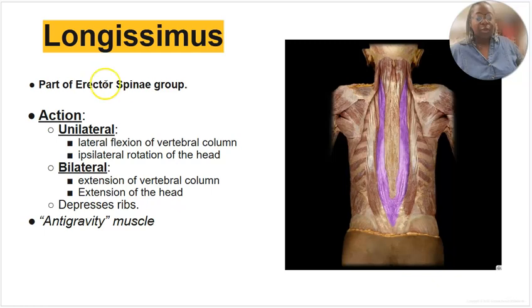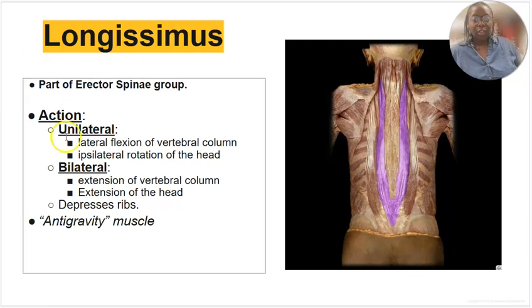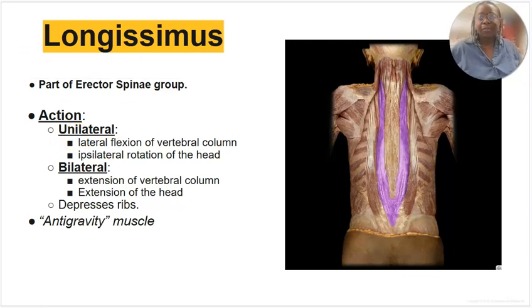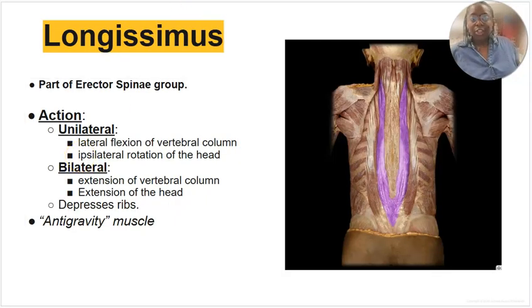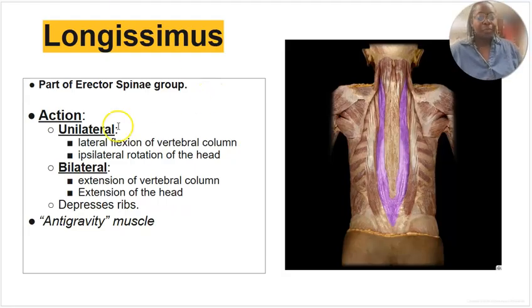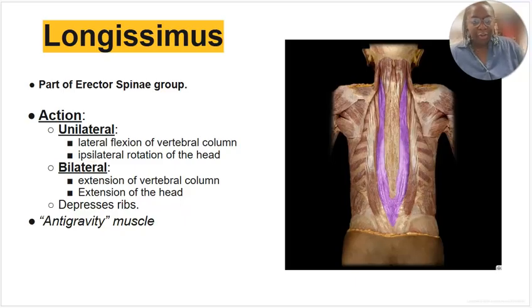Okay, and then we'll see this again for the longissimus. Unilateral actions are going to be lateral flexion of that vertebral column, as well as this new one, ipsilateral rotation of the head. So whatever side is contracting, the head is going to be moving in that direction of the muscle. And then we have here bilateral. Remember, this prefix here, bi, means 2.